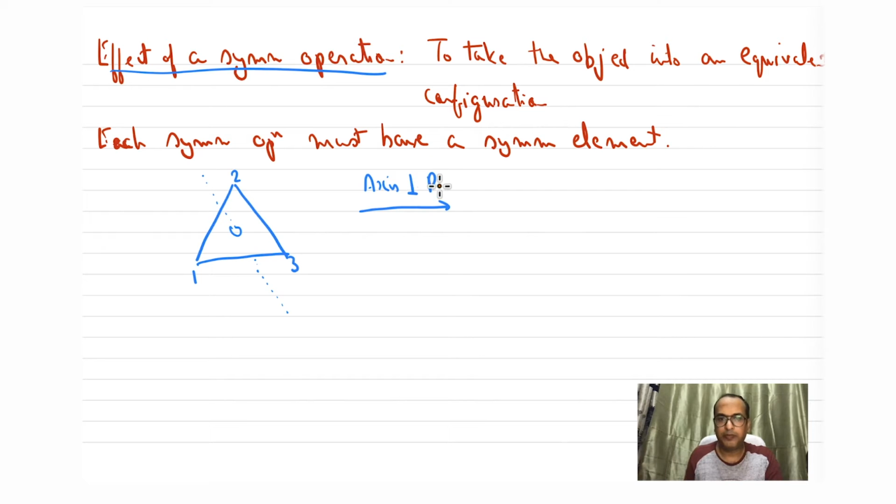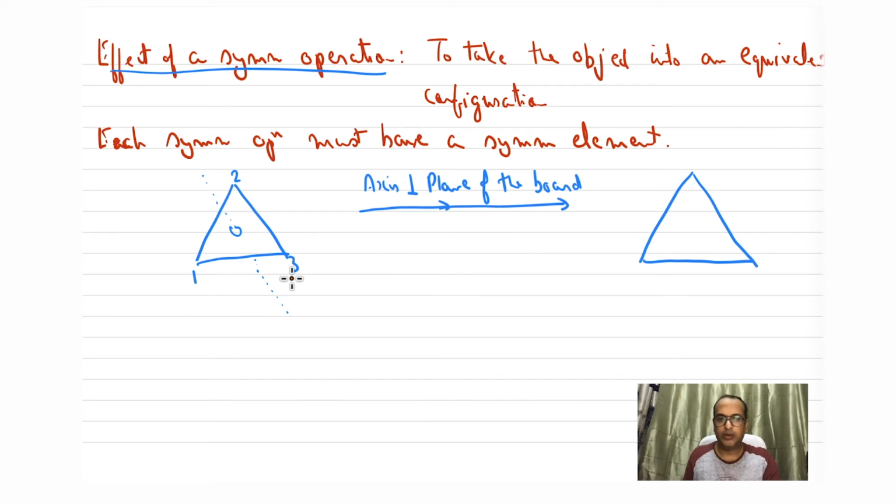Now you do a rotation about this axis by, let's say, 120 degrees. All the rotations in this class will be anti-clockwise. So you rotate it anti-clockwise by 120 degrees. What do you get?